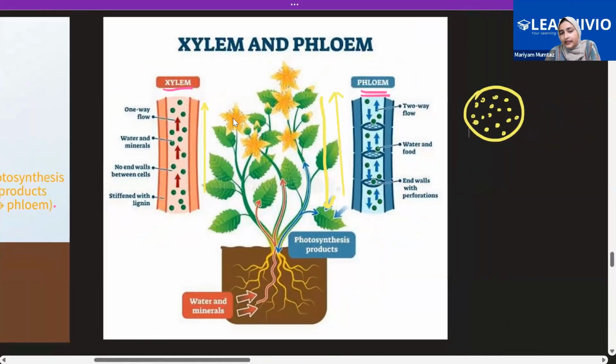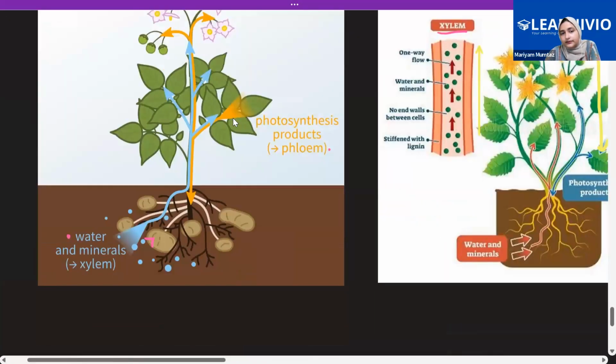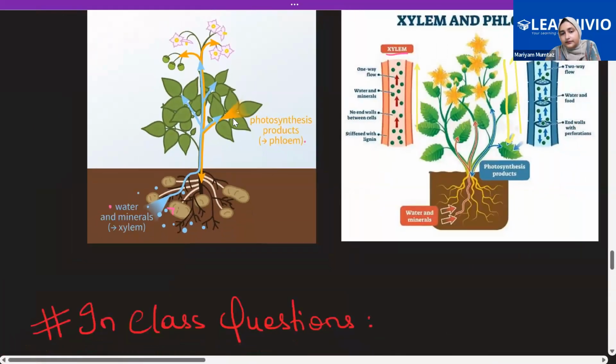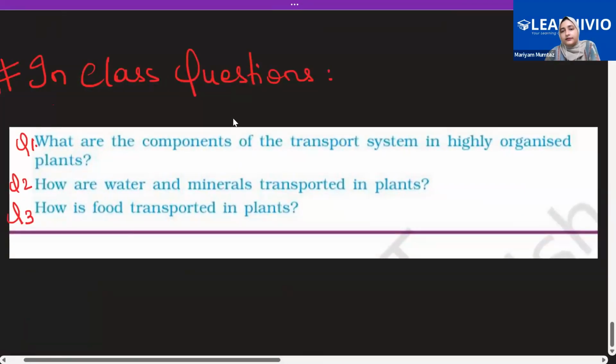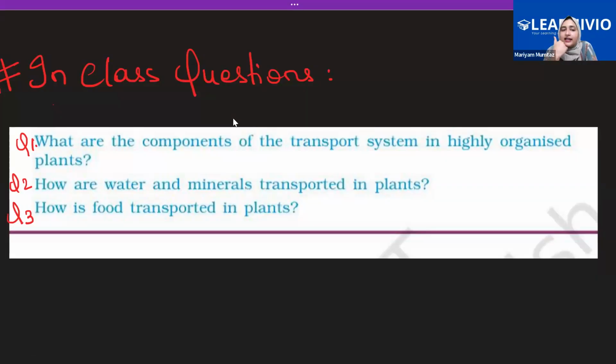Yes, ma'am. Any doubts? No, ma'am. Okay. Now, what are the components of the transport system in highly organized plants? Tell me. Xylem and phloem. Very good. How are water and minerals transported in the plants?